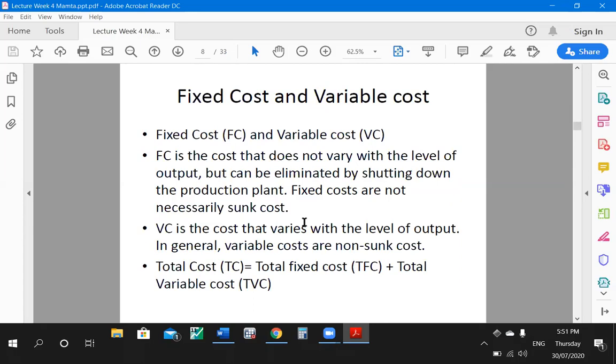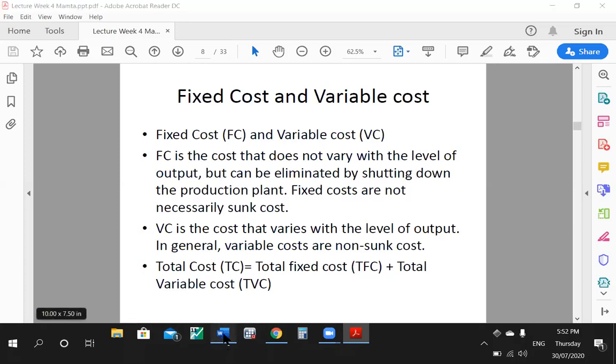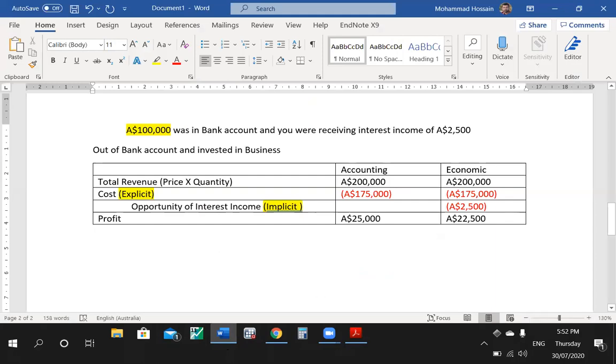If your cost varies with your production output level, then it is variable. For example, a new thing: fixed cost and variable cost.